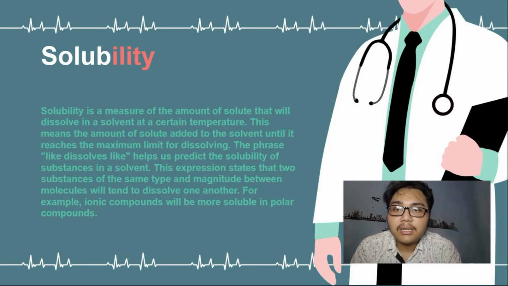The phrase "like dissolves like" helps us predict the solubility of a substance in a solvent. This expression states that two substances of the same type and magnitude of intermolecular forces will tend to dissolve one another. For example, ionic compounds will be more soluble in polar compounds.